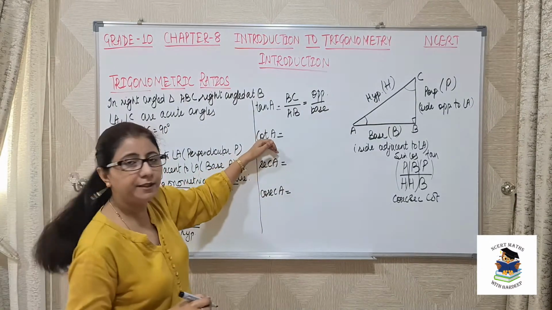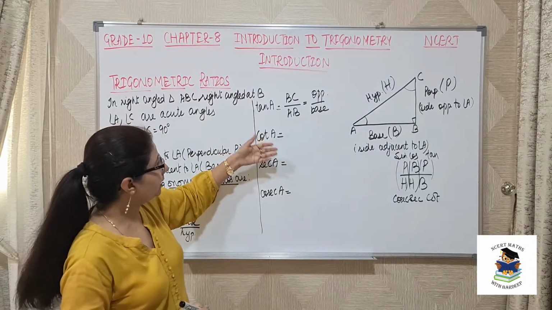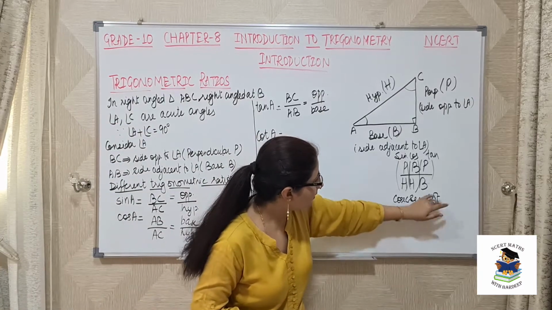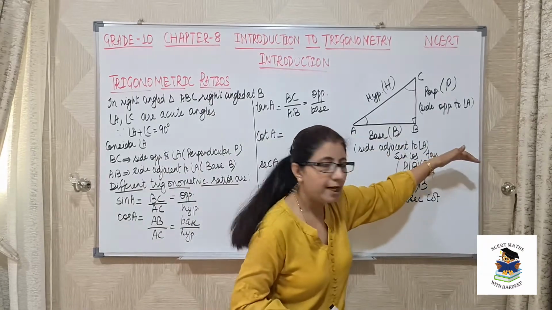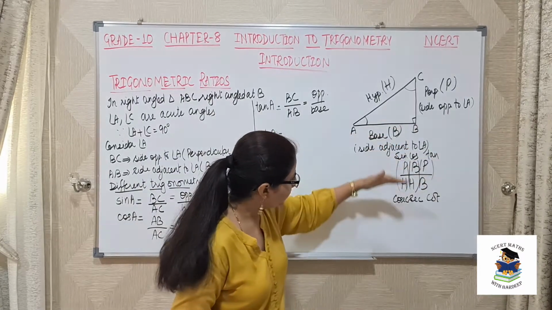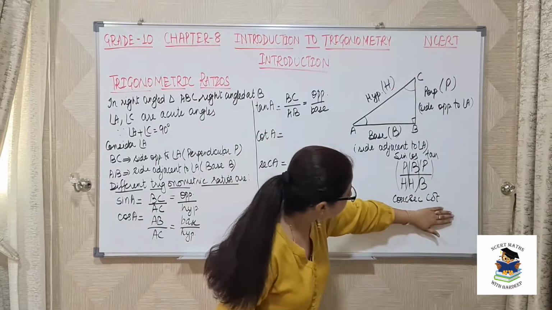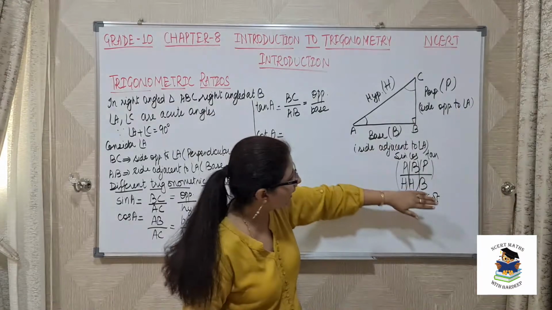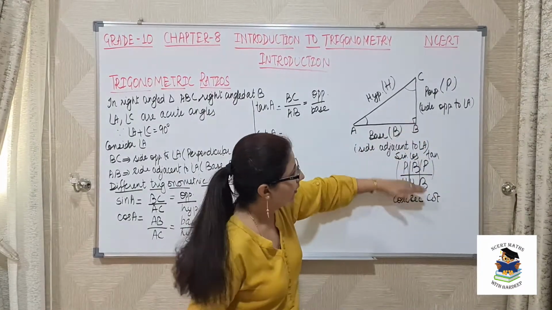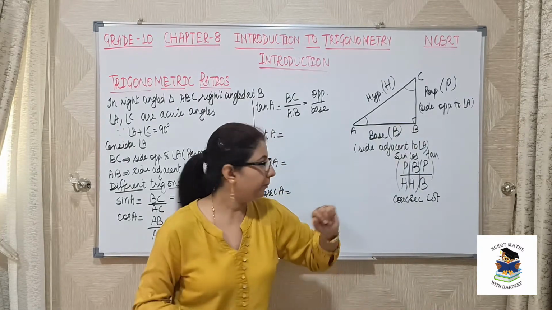Okay, next is cot A or cotangent A. Cotangent A is base over perpendicular, means the ratios I have written up should be read as P over H, B over H, P over B. The ratios which I have written below should be read from this side, that is base over perpendicular, hypotenuse over base, and hypotenuse over perpendicular.